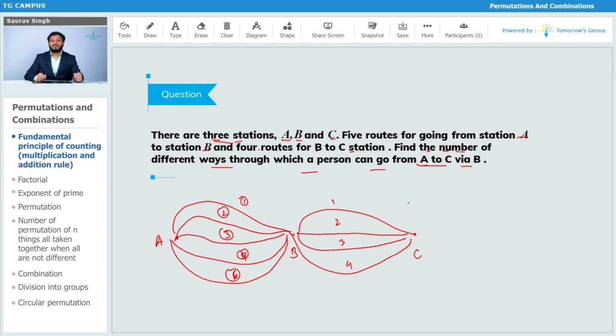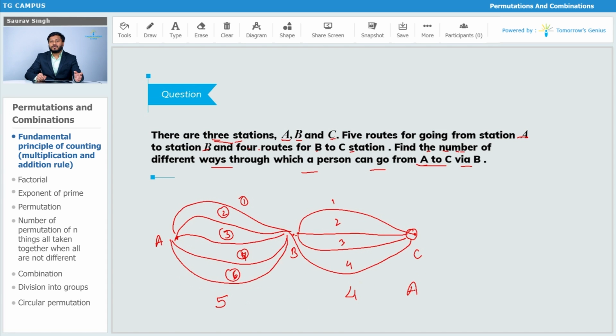Now we have to find the total number of ways we can reach from A to C via B. In the multiplication rule we have seen that the task is performed in two separate steps. So we are performing the task of reaching A to C by going A to B and B to C. A to B we can perform in 5 different ways and B to C in 4 different ways.